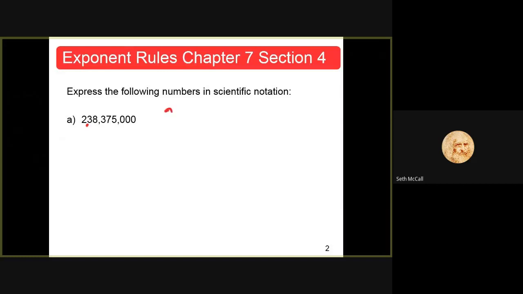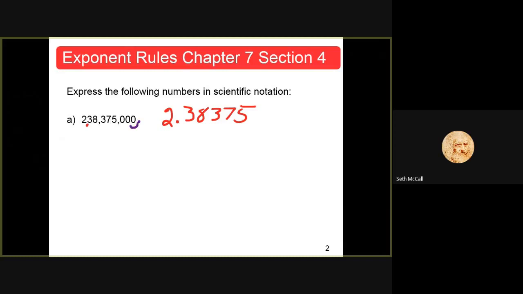So if I would write this out, it would be 2.38375. Now, we don't need the rest of the zeros there, but what we do need to figure out is how many places that decimal moved from its original spot, which was after the zeros. It was right here. So let's see.